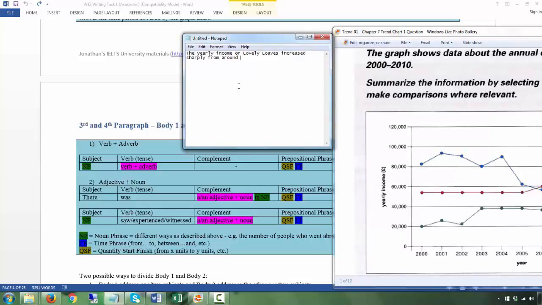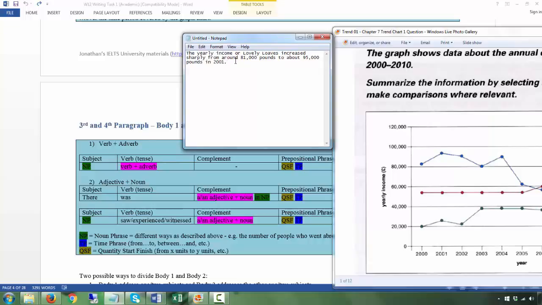I don't know how to do the pound sign on the keyboard at the moment, but you can put 81,000 pounds if you want. To about 95,000 pounds in 2001. So this is one way of writing it according to this particular method.